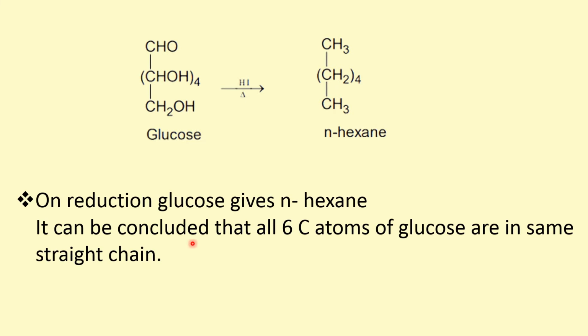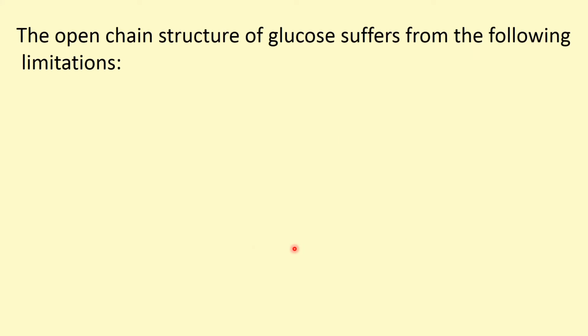It can be concluded that all 6 carbon atoms of glucose are in the same straight chain. So all those reactions which I explained support the open chain structure of glucose.